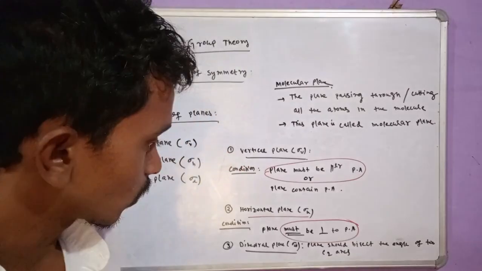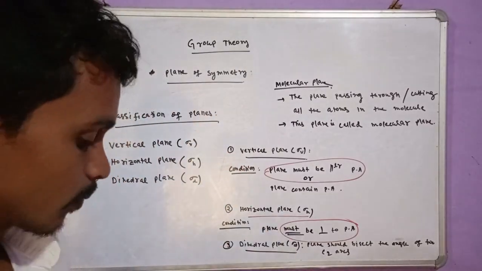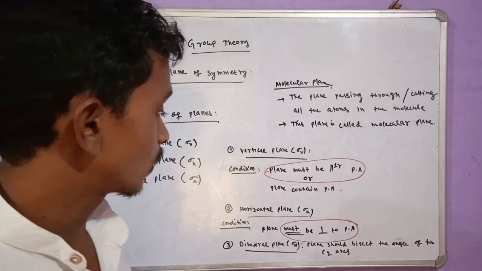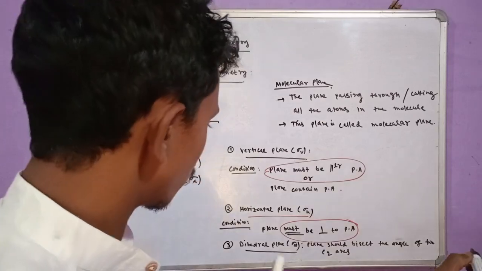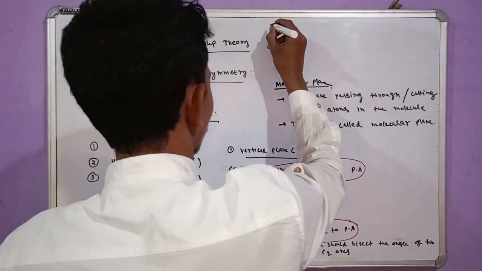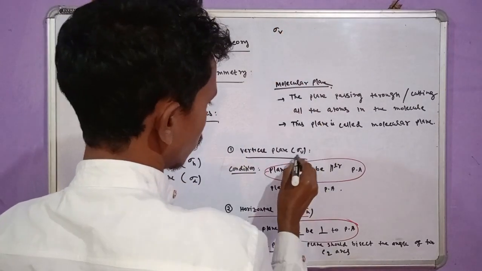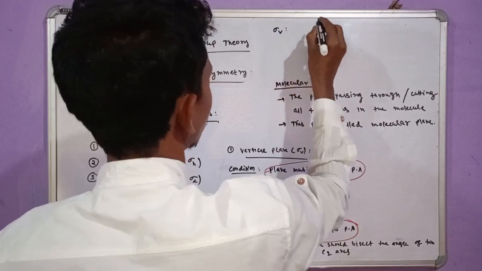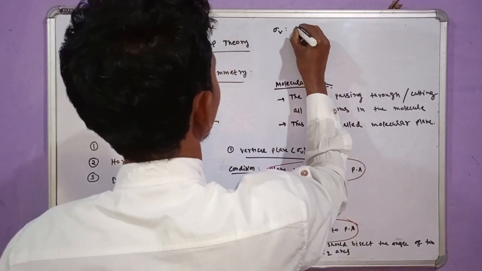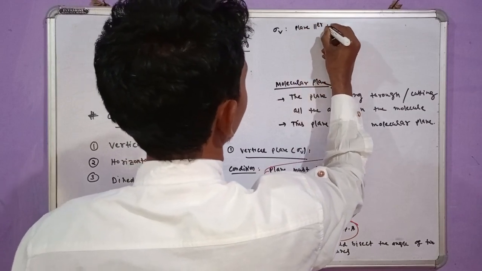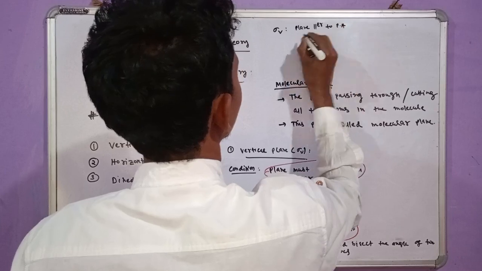So I will write in the corner. We will take examples and look at how this is sigma h, how this is sigma v for different molecules. So I will write sigma v means vertical plane: a plane parallel to the principal axis.